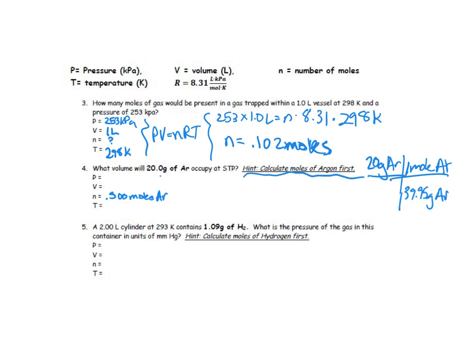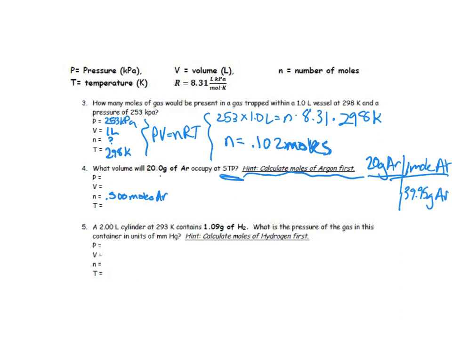Now, the problem didn't give us any more of our variables, except for the fact that it gave us the hint that things are happening at STP. And if you remember, STP is the standard temperature and pressure. So we are going to be using the values that are just considered the normal values.